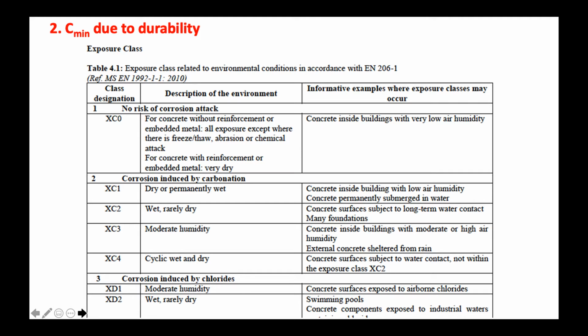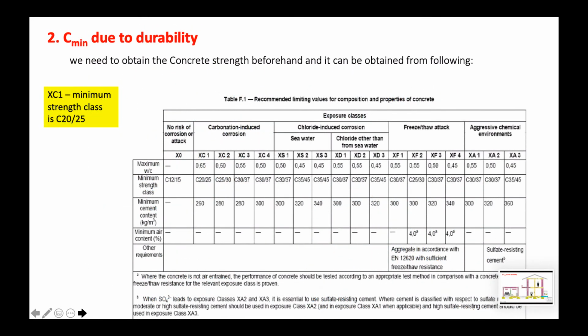We need to establish the exposure condition of the beam. Let's say it is XC1. We establish the durability case. The next step is by referring to table F.2, where we can find the concrete classes. We can see that the minimum grade of concrete is C20/25.